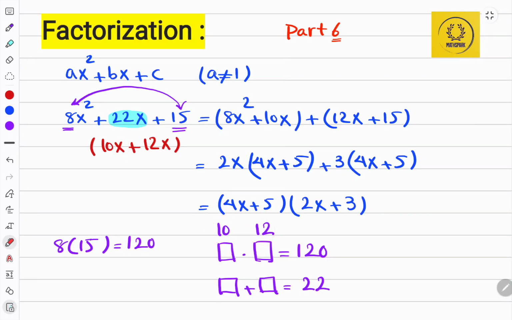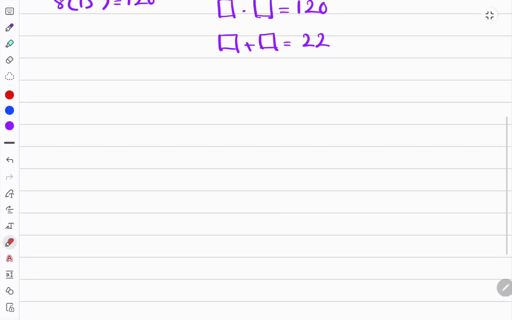Okay, and now let's dive into another example. We have 6x squared plus 17x plus 12.